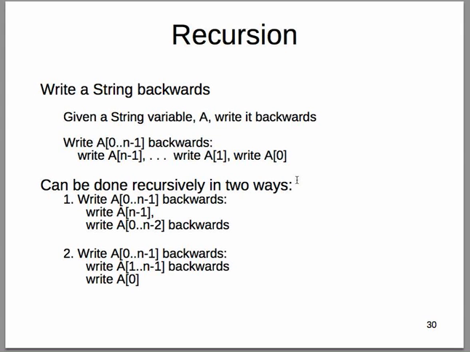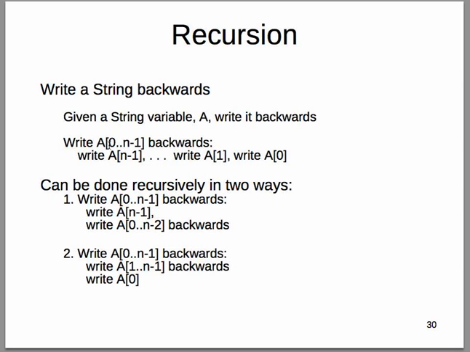Other things that you might want to try out: write out a string backwards. So let's say you have a string variable a, and we actually haven't looked at strings, so I would say treat this as an array of characters. So just treat it as an array, and we should be able to write it backwards.